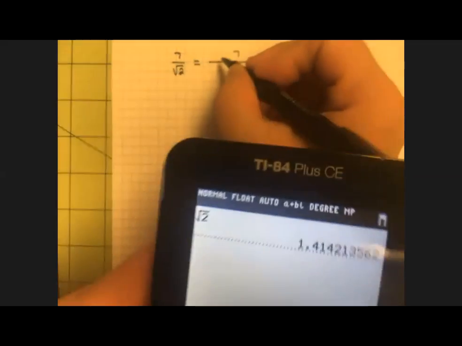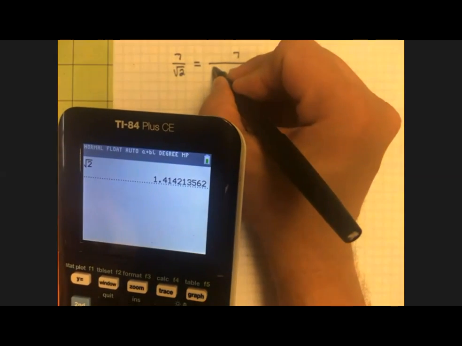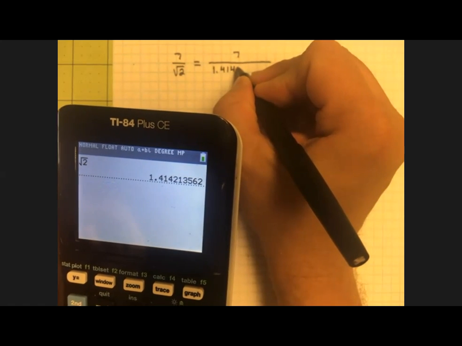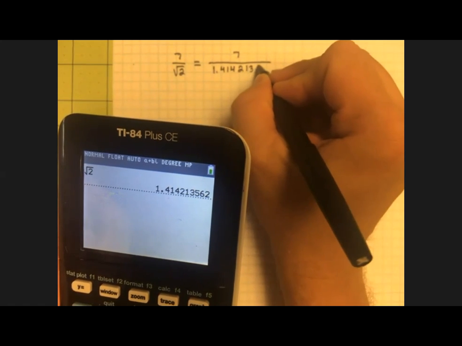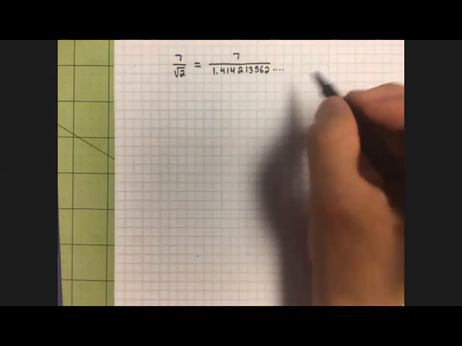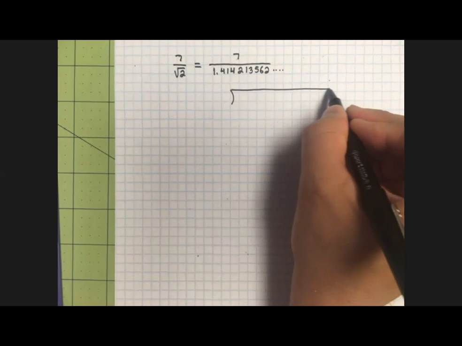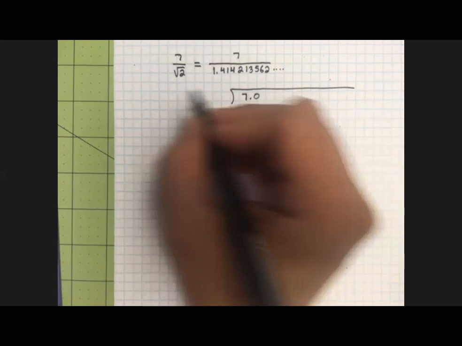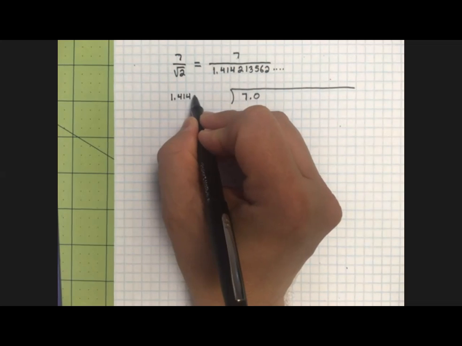So how do you divide by 1.414213562, and forever it keeps going? How do you do a long division when the thing you're dividing into it hasn't even stopped yet?